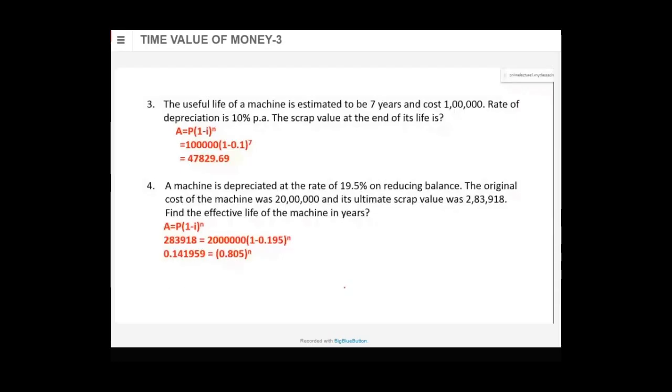Again, those who are having a problem, I know some of you may have a problem. Up to this step it should come. Now what you should do is look at the RHS, right hand side. It is 0.805. So on the calculator you take 0.805 into, keep on pressing equal to and counting. First equal to is 2, then equal to till you get 0.141959.